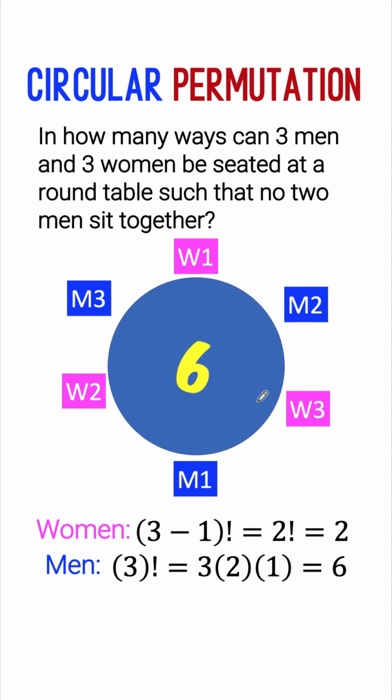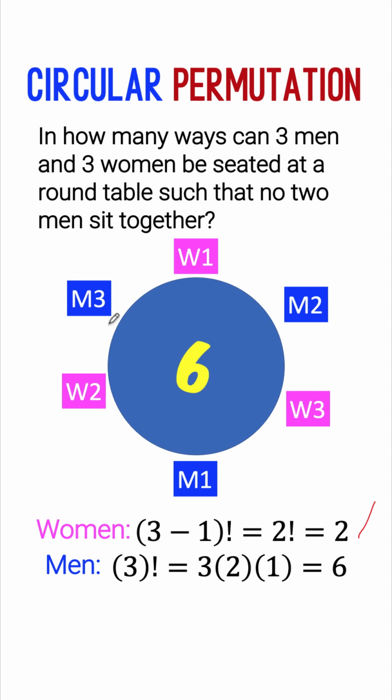Since they are in a circular table, then we will remove all those other permutations. That is the result of just moving the women clockwise or counterclockwise around the table. And what's left are these only 2 possible permutations. In this case, the clockwise and the counterclockwise permutation of the women are counted differently.